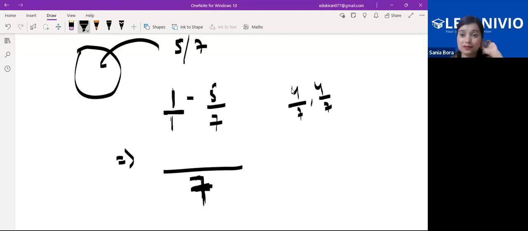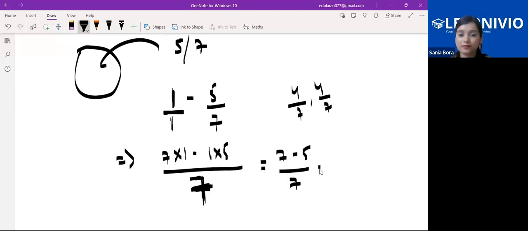Is this the answer? I got 2 by 7. Yes. Tell me how you got 2 by 7. Ma'am, in the 1 table, 7 comes at 1 into 7, and in the 7 table, 1 into 7 is 7. So we do 7 into 1, which equals 7. Then 7 minus 5 becomes 2 by 7.